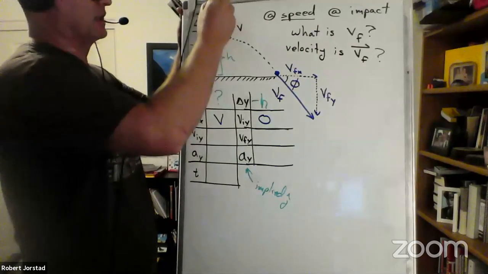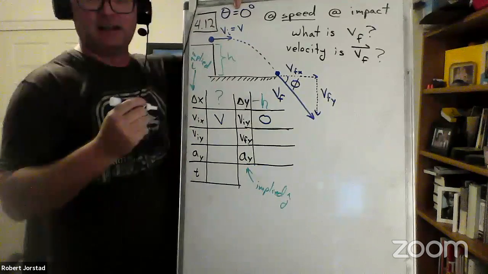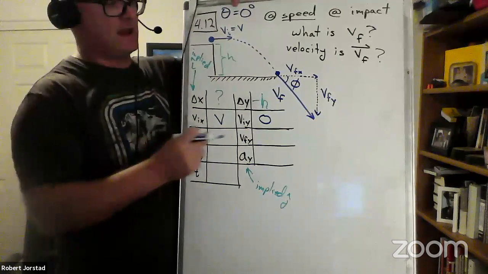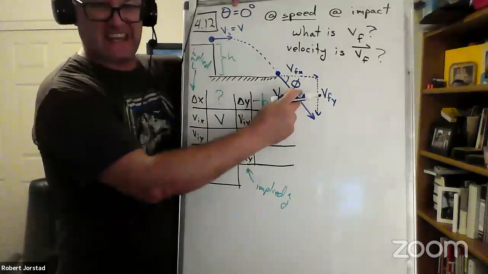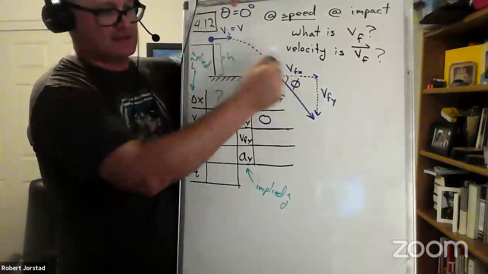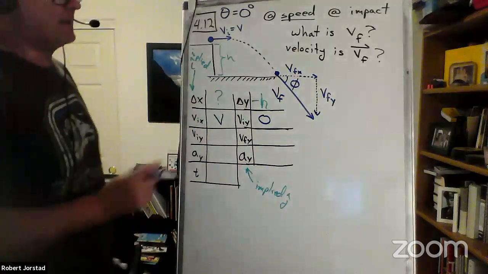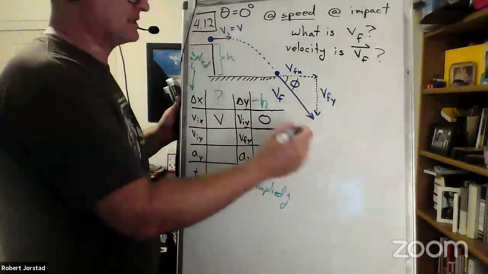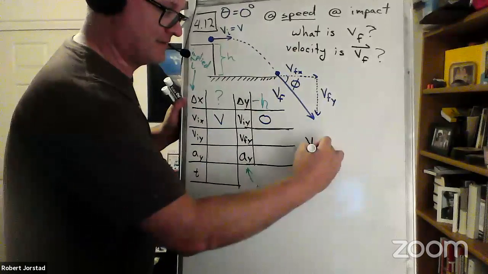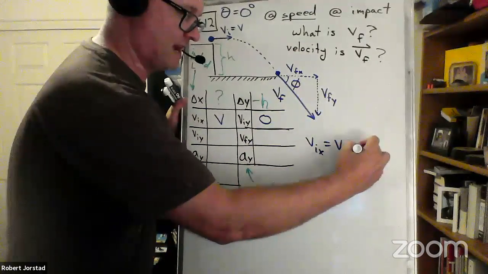So the idea here is another way you could think about this: the launch angle, which is theta, is 0 degrees. Now be careful, launch angle theta and impact angle phi are not the same symbol. Theta has a horizontal line, phi has that slanted vertical line. So if you plugged in 0 degrees, you may be thinking, isn't V initial X supposed to be V initial cosine theta?